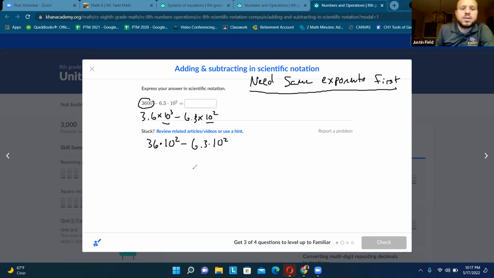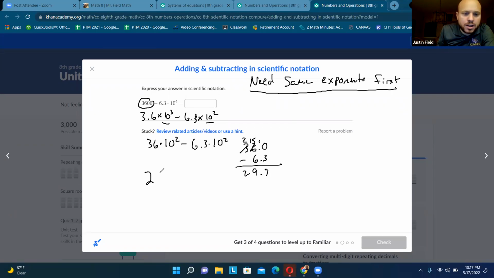And now, in order to solve the problem, we just do the 36 minus 6.3. I had to borrow, now I have to borrow again. That's 2, so 2, and then that's going to be 9, 29.7. Now, the answer is 29.7 times 10 to the second.